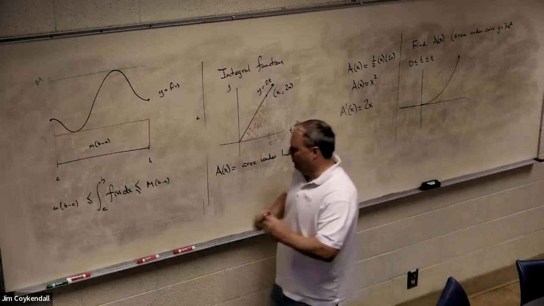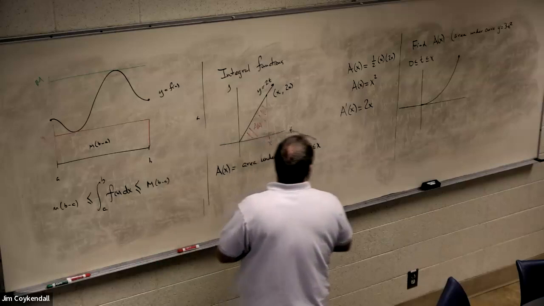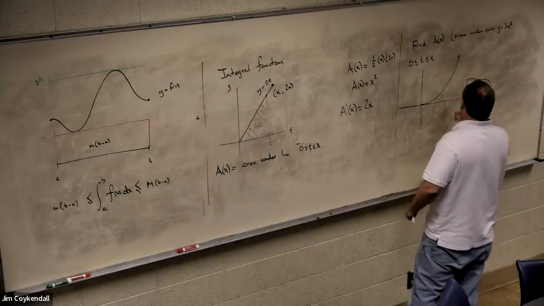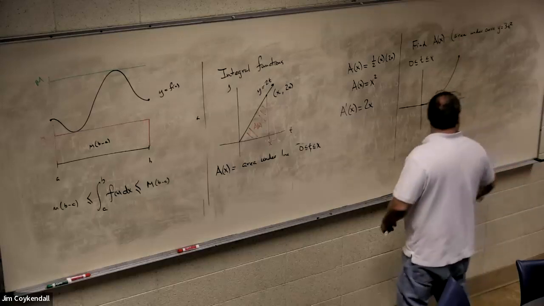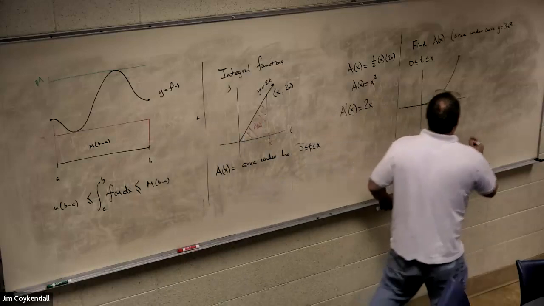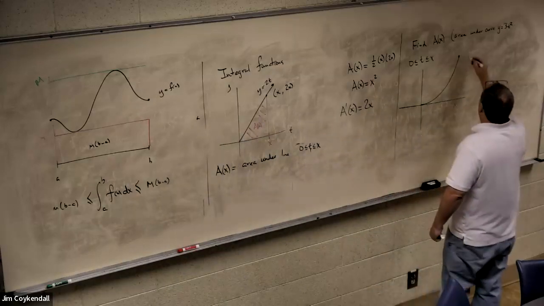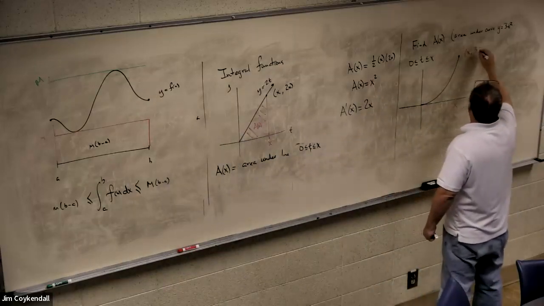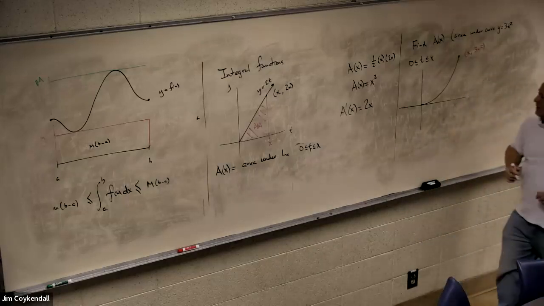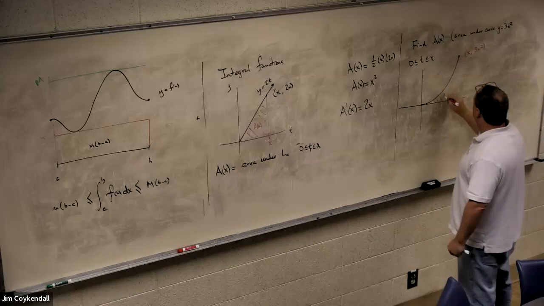I need to sort of drive my point here, so I'll do so. So this is x, and this is 3x. Everybody agree with that? And the area that I'm trying to get is A(x).